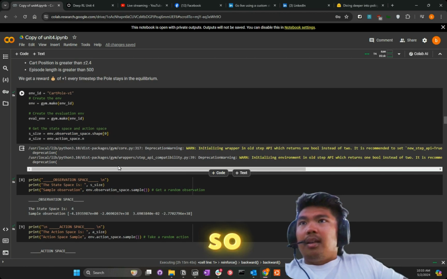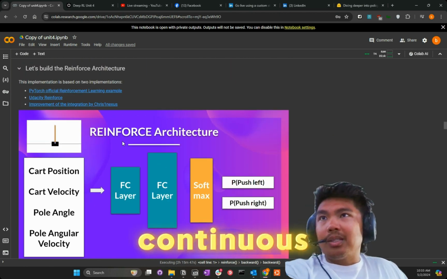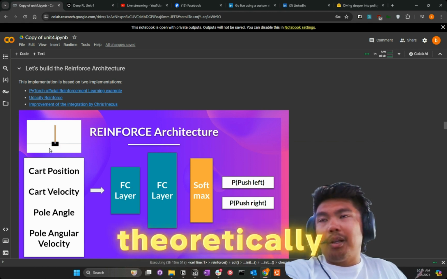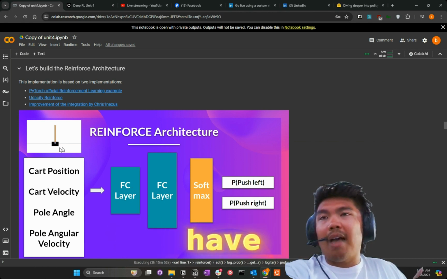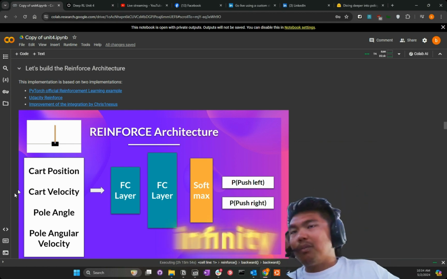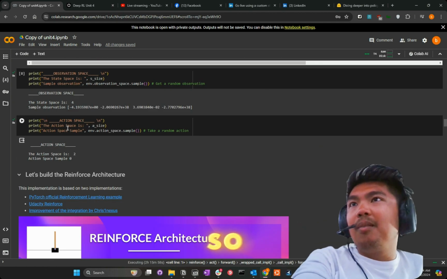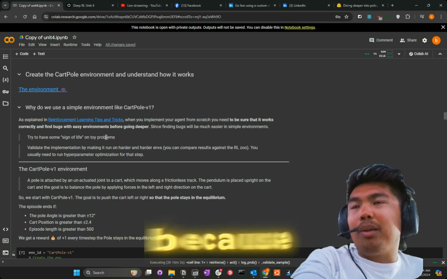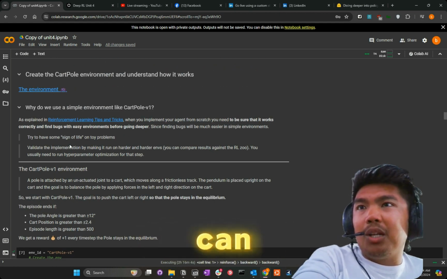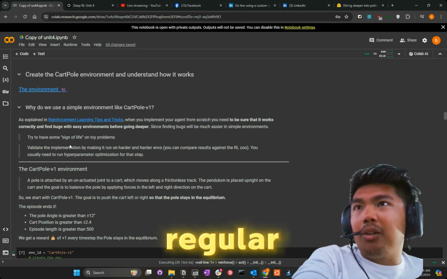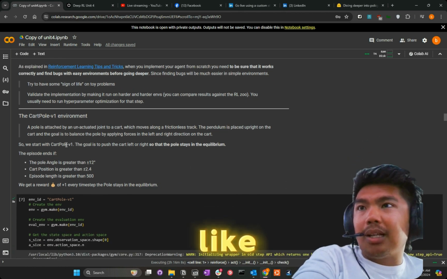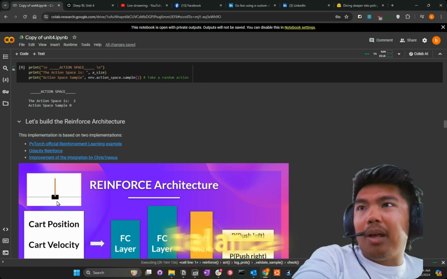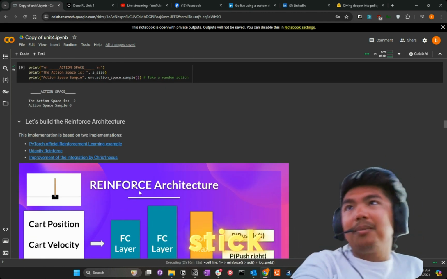This environment is continuous, and theoretically you can have an agent that keeps going to infinity to balance the stick. So it's a simple environment, but they put it in quotes as the sign of life, because that's not something people can normally do through a regular hand-coded function, not using reinforcement learning or deep learning. It would be hard to just go and balance this stick.